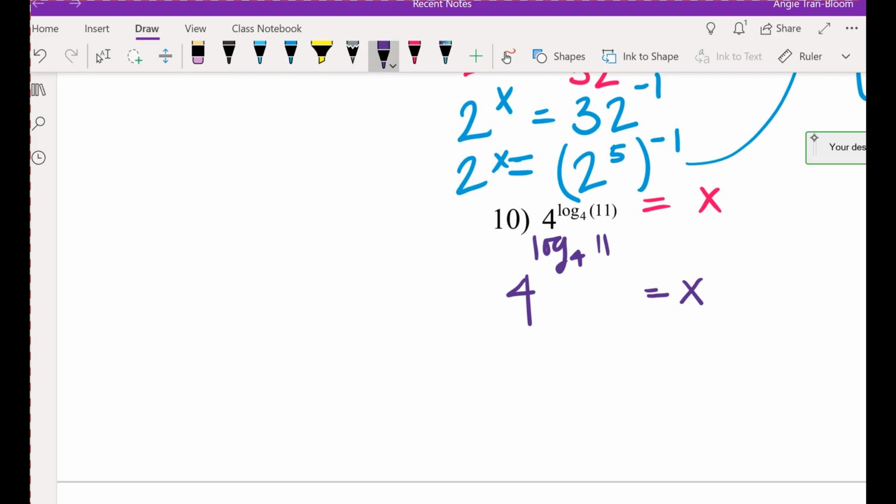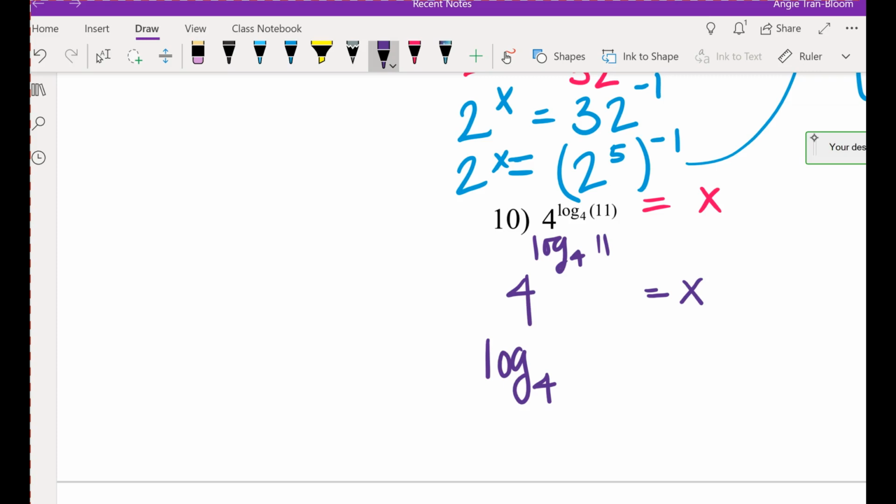Put it in log. If you can't solve it in exponential, put it in log. If you can't solve it in log, put it in exponential. How do you write this in log form? What's the base? 4. So what do you start with? The word log. Base 4 of what?